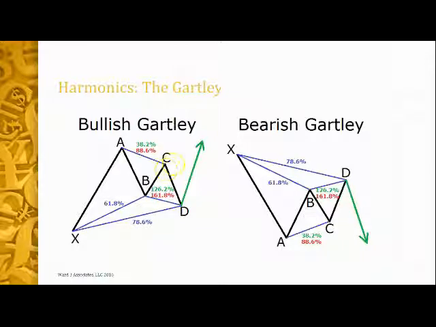Okay? The C point, I'll come back. This C point retracement of the AB leg should end at either the 382 or the 886. So very similar to the bat, guys. Only thing that differs is the B and the D.